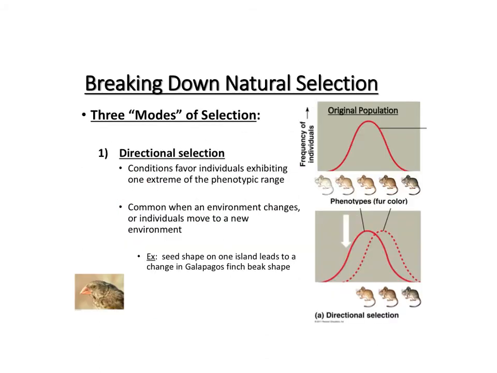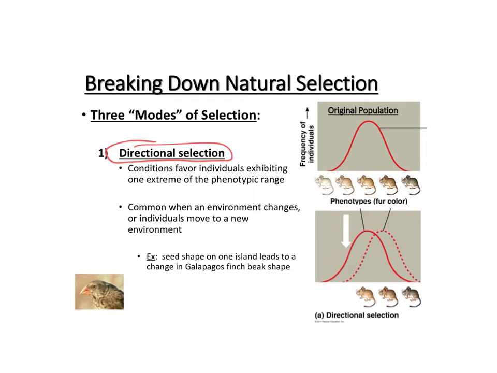Now we have three different modes of selection that we talk about. The first one is probably the one that most people think of when they think about what natural selection is, but there are actually three ways that it can shake out. The first one is called directional selection, which again is what I think most people think of.